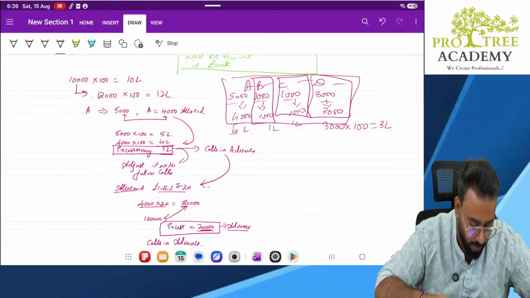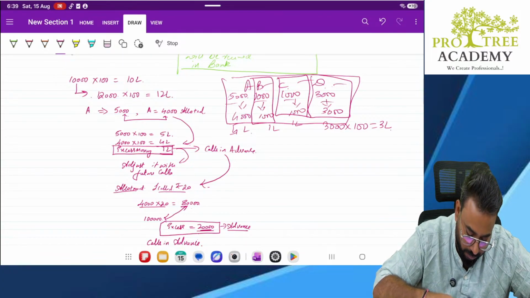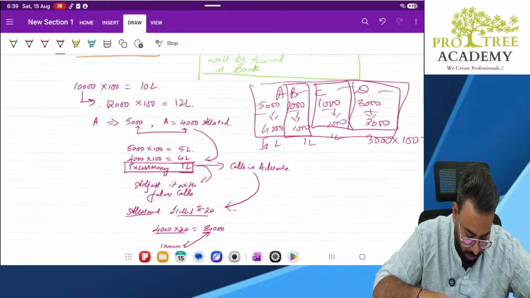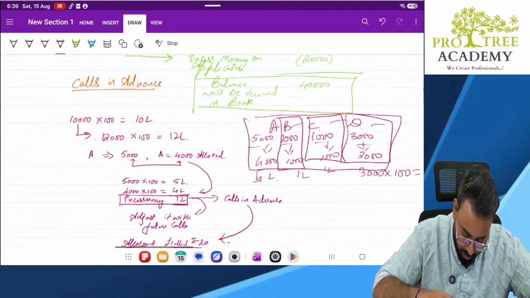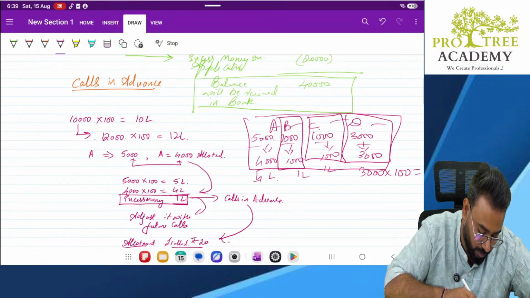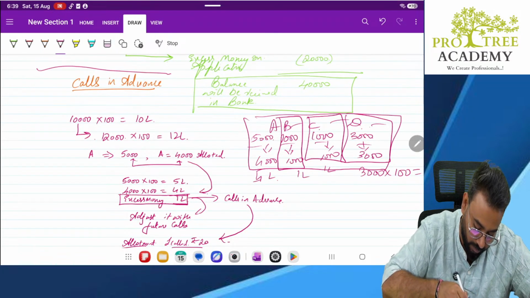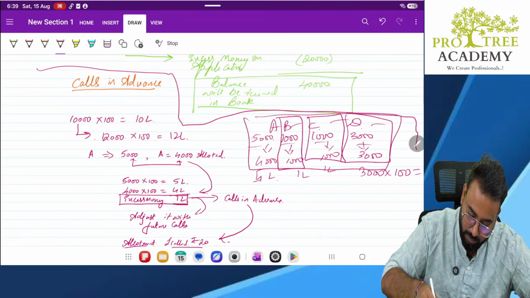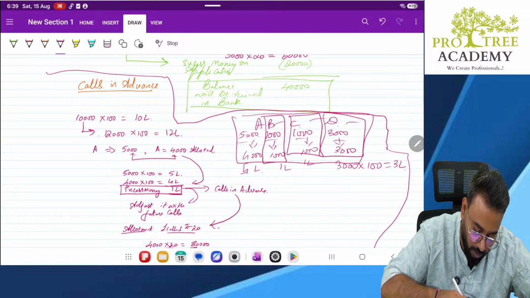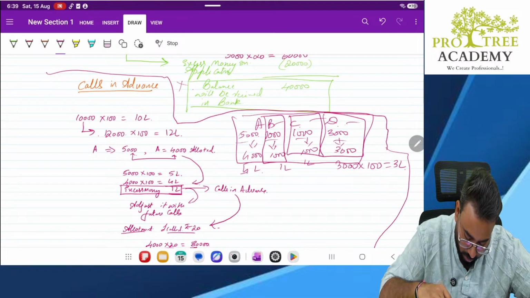Clear? Please take a photo, screenshot quickly. Yeah, take it now. This one you leave it. Only take this. This is not our topic as of now. Yesterday only discussed. Okay.